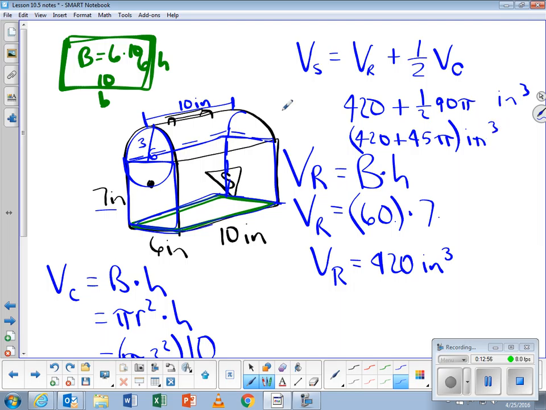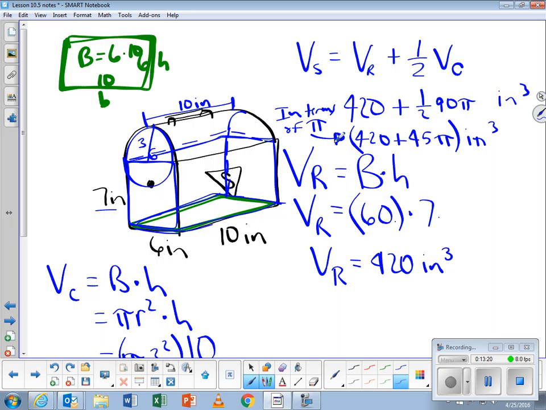If they said in terms of pi, this is the answer. It looks strange, but if they said leave your answer in terms of pi, you have to leave it that way. 420 plus 45 pi.